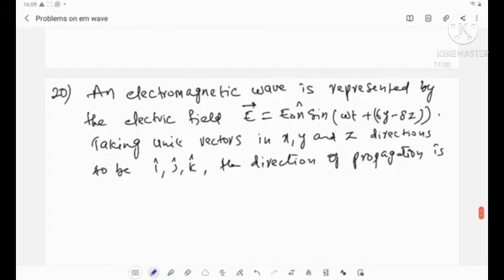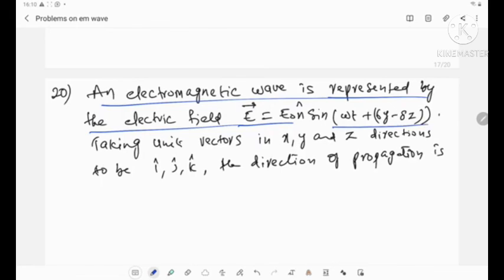Next, an electromagnetic wave is represented by the electric field E bar as E naught n cap sin omega t plus 6y minus 8z, taking unit vectors in x, y, z directions to be i cap, j cap, k cap.